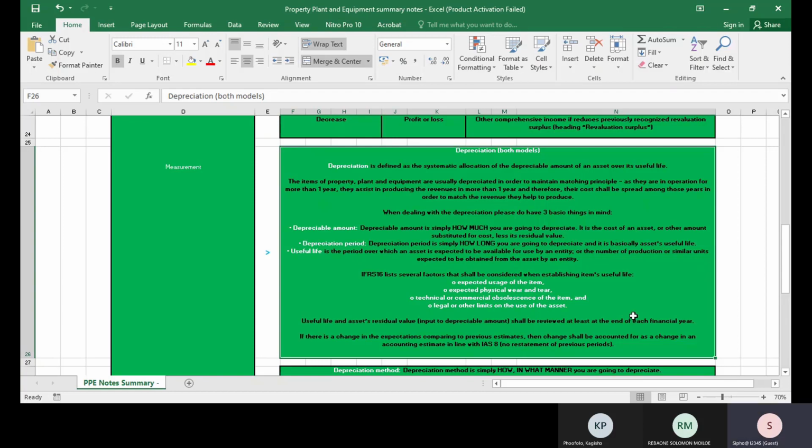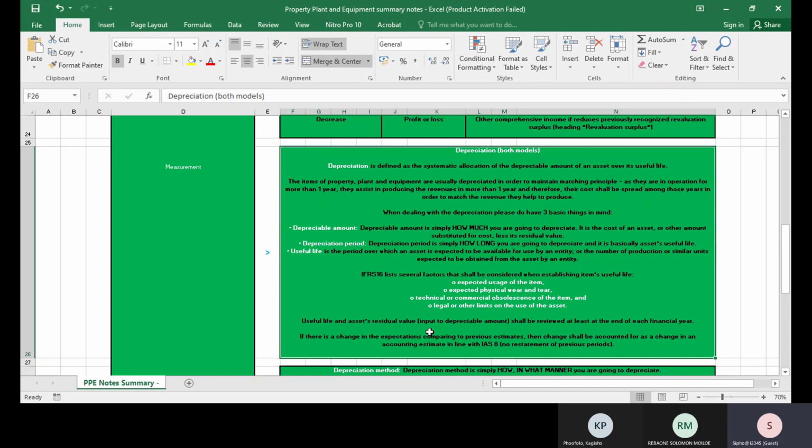The residual value as well might change because it's linked to market values. Market values of items change every year, and the selling prices of these items change every year. So you need to always assess them every year to make sure there were no changes.